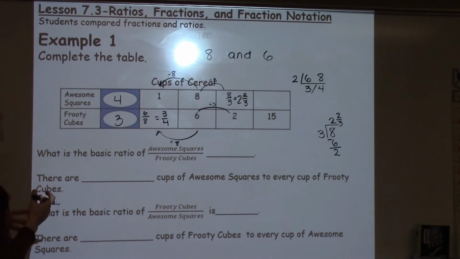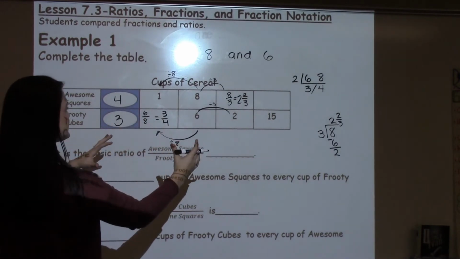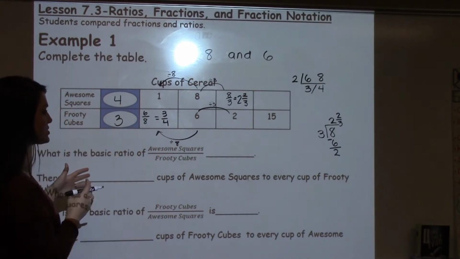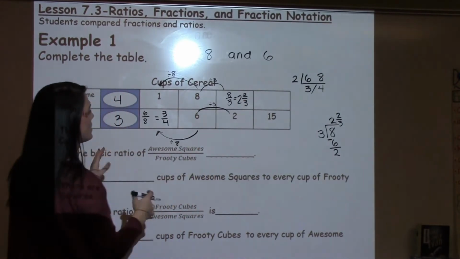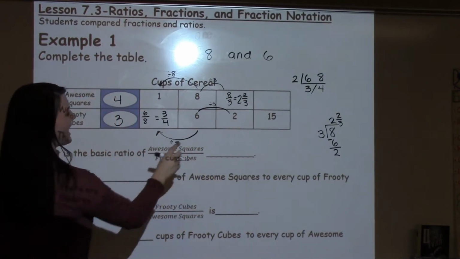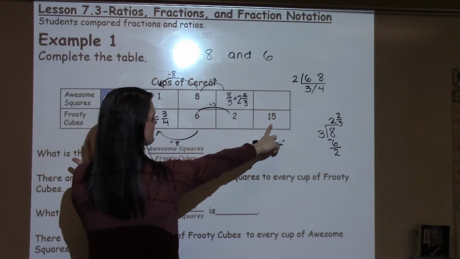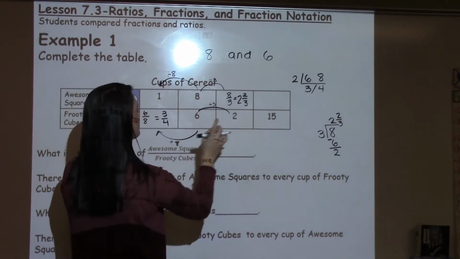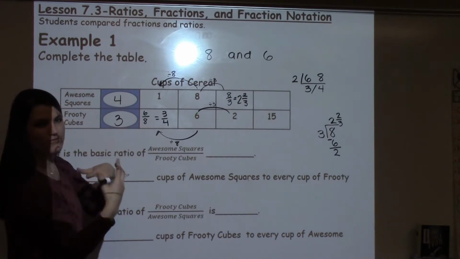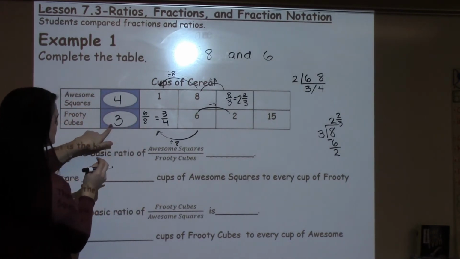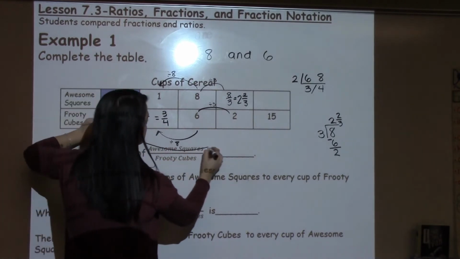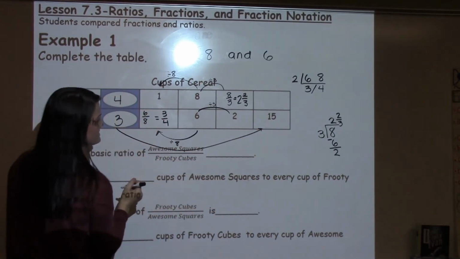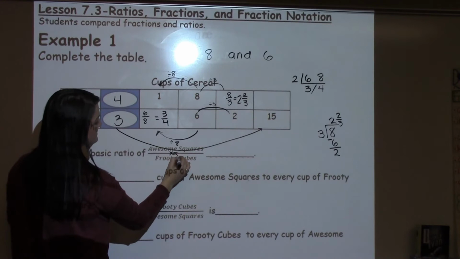So then again, I could start working from any spot in the table where I see an easy connection. I could start working that way to fill in my next blank. So I might see that I don't know what 2 times what would give me 15, or 6 times what would give me 15, or 3/4 times what, but I do see that there's something easy with this 3. 3 times something gives me 15, and I know it's 3 times 5.